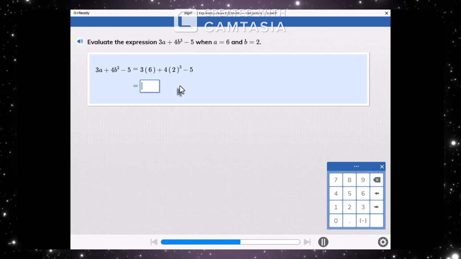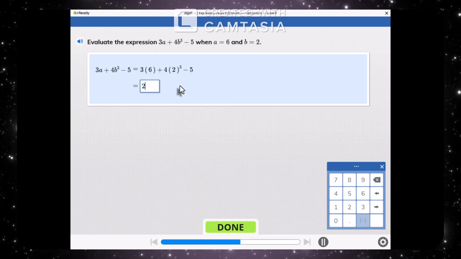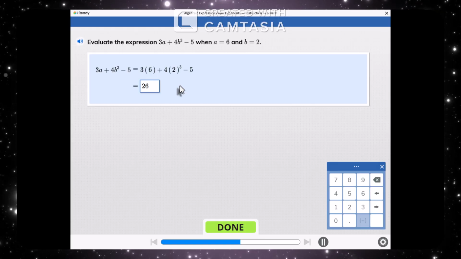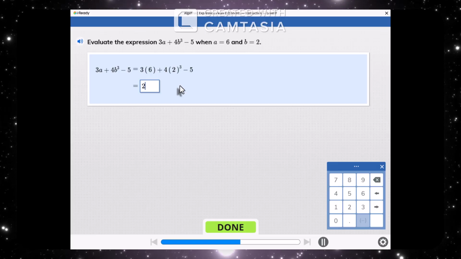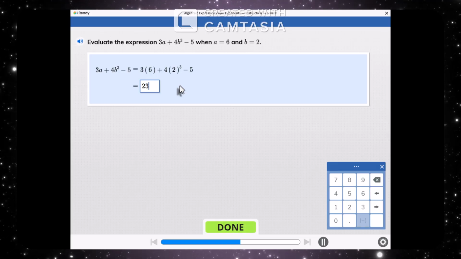So that's going to be 28. No, wait, 8. Minus 5 is 23. And I'm going to double check it again because I don't trust myself.